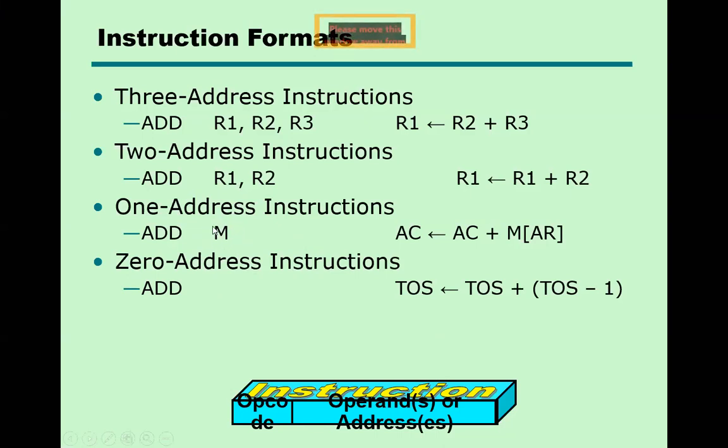But here we are using those locations implicitly, and explicitly we have not written them. In the earlier formats we explicitly wrote how many memory locations were required. Here we are implicitly using the accumulator and performing the same operation, but not writing it explicitly. In a zero address instruction, you will not find any kind of address, only the add.